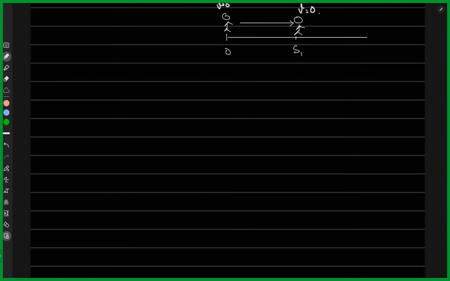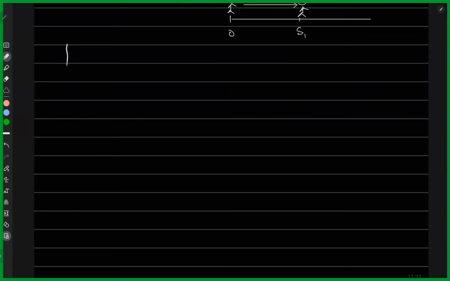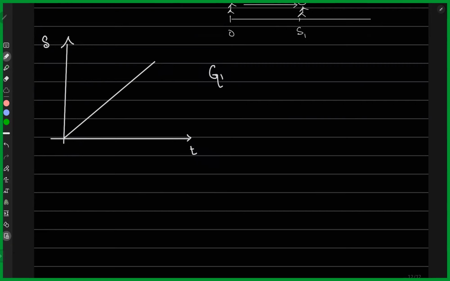Now let's draw another one. Okay, this is your graph. This is displacement. This is time. So first of all, what is happening for the gradient?